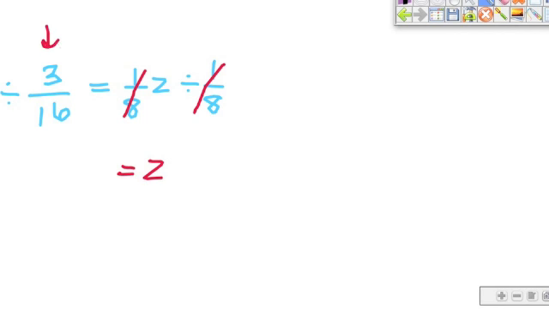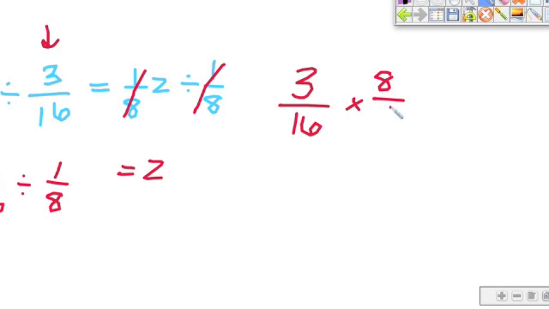This is actually my first, even though I wrote it backwards. So I can rewrite this if it looks hard to see what I'm talking about. Okay, that's how I should have written it if I had more room. So I'm going to keep the first fraction of 3/16. I'm going to change my sign from a division to a multiplication. And I'm going to take the reciprocal of 1/8 and make it 8/1. Remember, reciprocal means to flip it around.